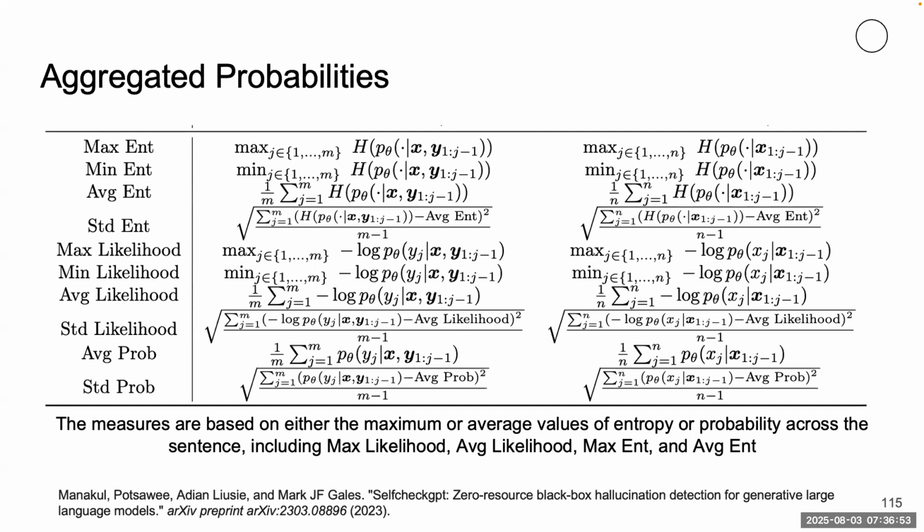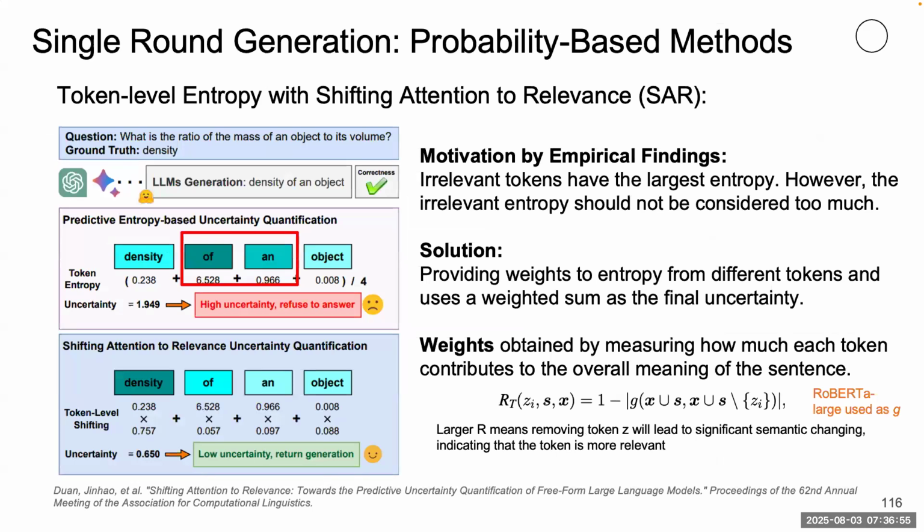One specific way: people have found that not all tokens are very helpful. So how can we integrate that insight into the quantification of your model's uncertainty? This method is called SAR, or shifting attention to relevance. They found that irrelevant tokens might empirically have the largest entropy in the calculation.